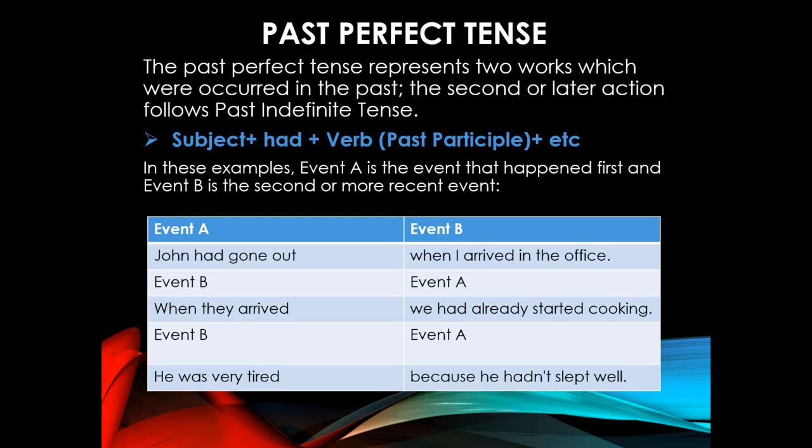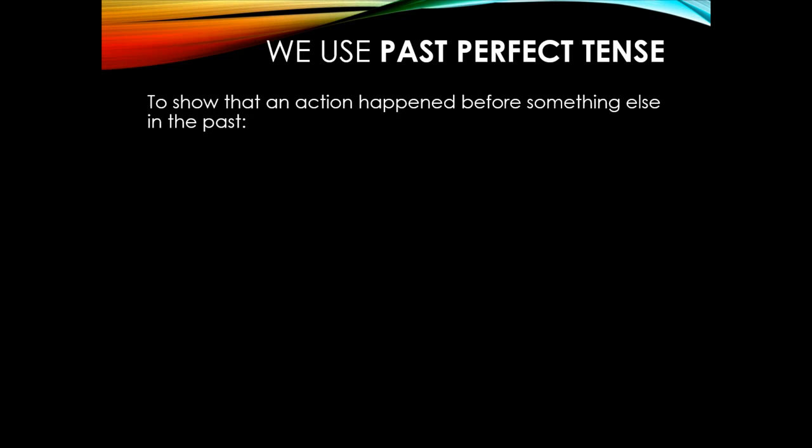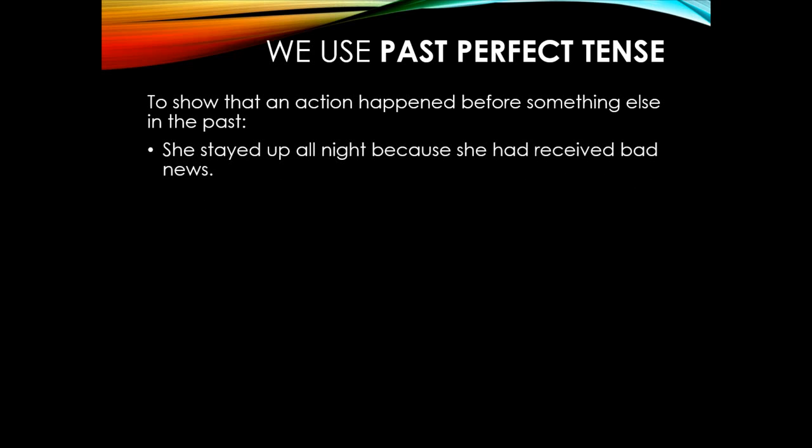Okay, now let's see the next slide. We use past perfect tense to show that an action happened before something else in the past. For example, she stayed up all night because she had received bad news.